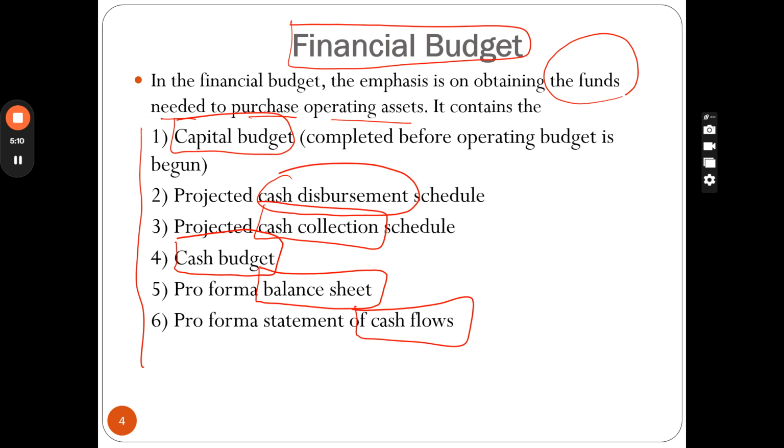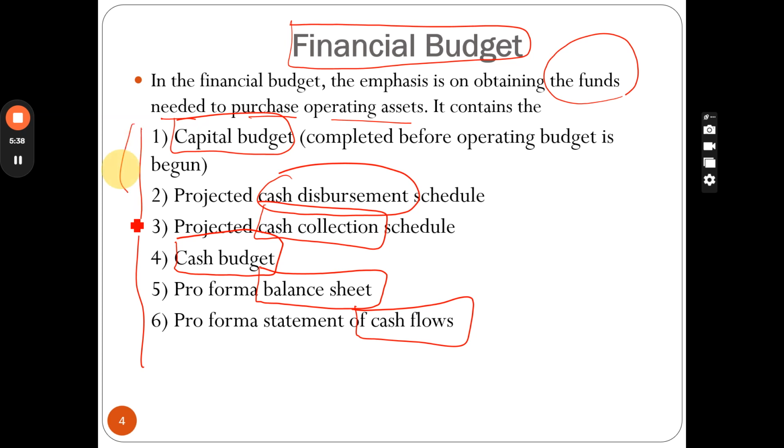Based on the information you get from those budgets, you can see how much asset you are going to have by the end of the period, how much liabilities you are going to have, and how much cash you are going to have in terms of operating, investing, and financing activities. So this is what the financial budget actually is.